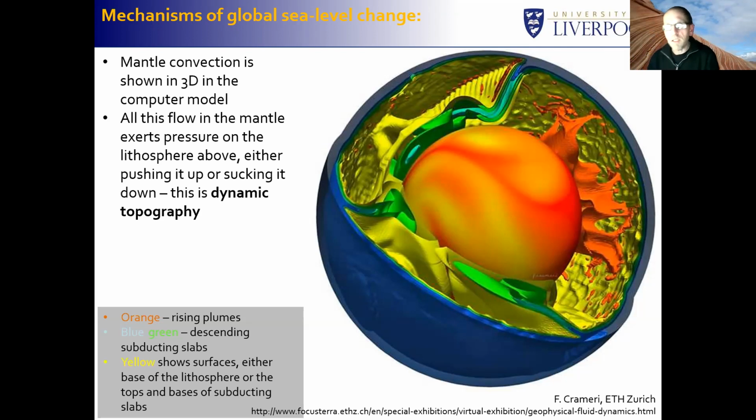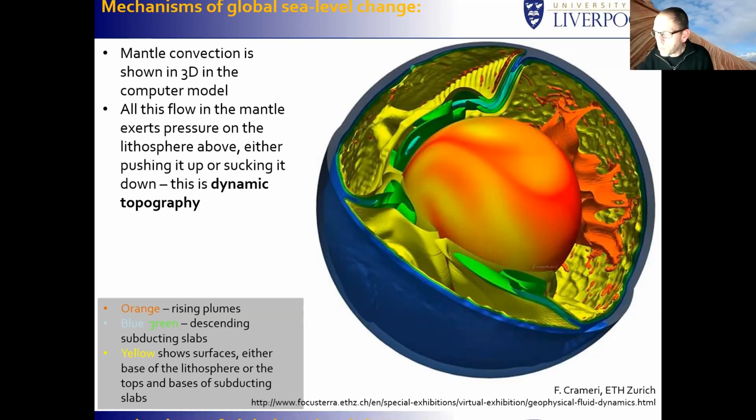Exactly the same thing seems to happen on the Earth's surface in response to mantle convection, and we call this dynamic topography. If you displace the Earth's surface, that is going to be felt as a relative sea level change. So deep Earth mantle convection can drive relative sea level change of the type we've just been talking about. So that's another tectonic process.